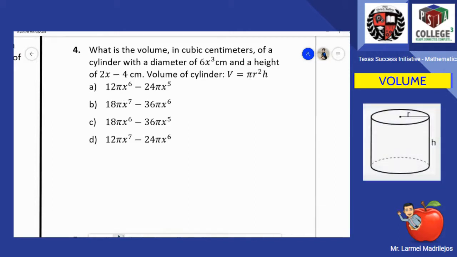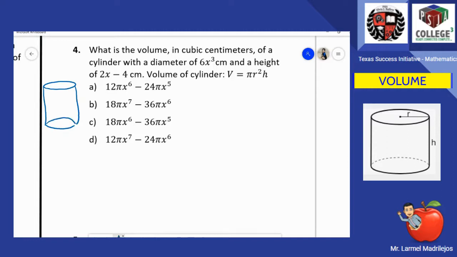Continuation. Question number 4. What is the volume in cubic centimeters of a cylinder with a diameter of 6x cubed centimeter and the height of 2x minus 4 centimeter? The volume of the cylinder is V equals pi r squared times h. Visualize what's a cylinder. Let's draw a circle here. A cylinder is like a glass.